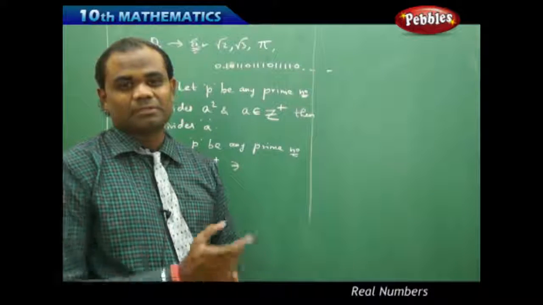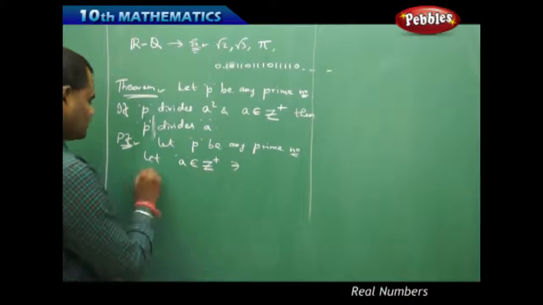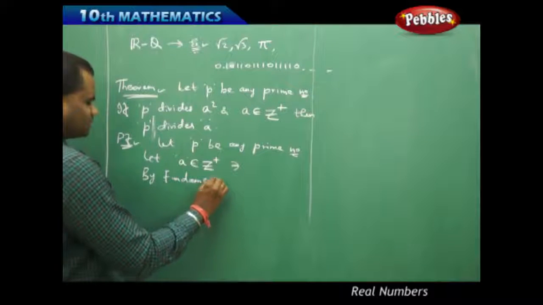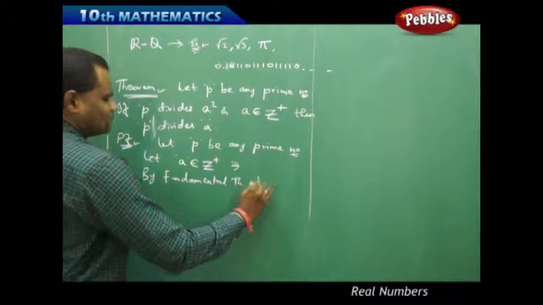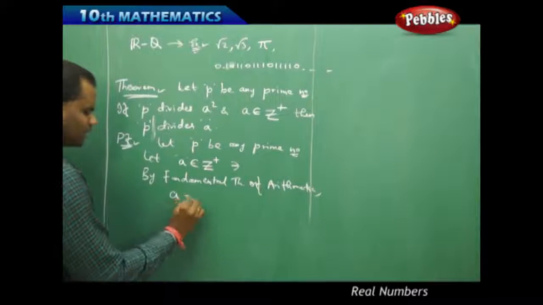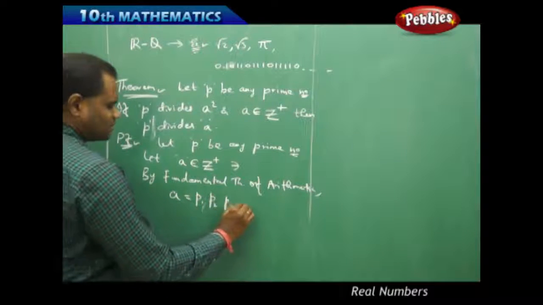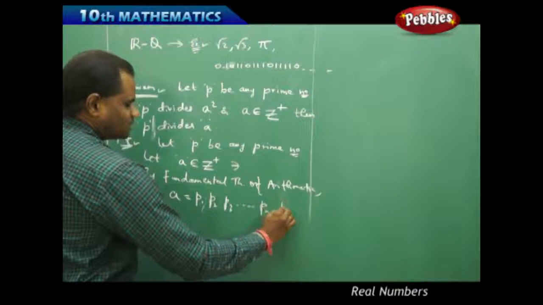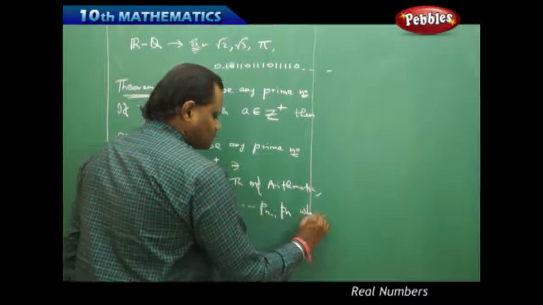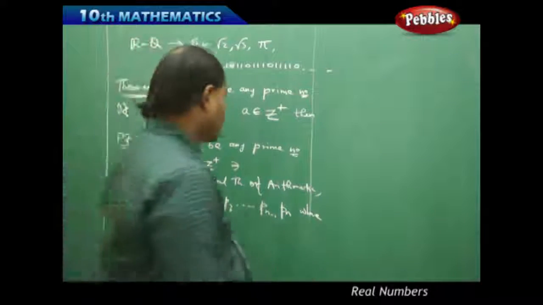It can repeat, but it should be a product of primes. So by the fundamental theorem of arithmetic, a can be expressed as p1 times p2 times p3, and so on, pn minus 1 times pn, the product of primes, where each need not be distinct because some factors repeat.